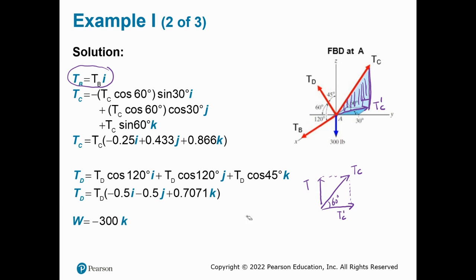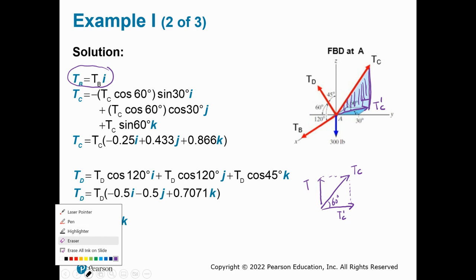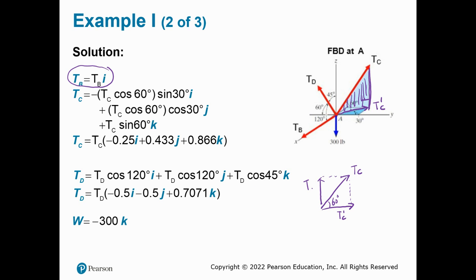Let's call that TCZ. And then this is TC prime. TC prime, based on our trig functions, will be TC cosine 60, and then the TCZ will be TC sine 60.